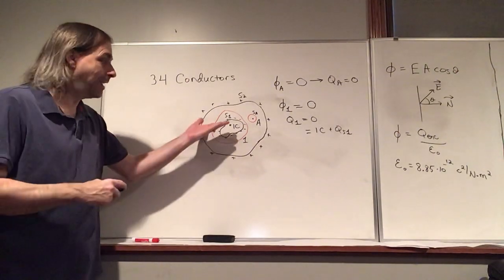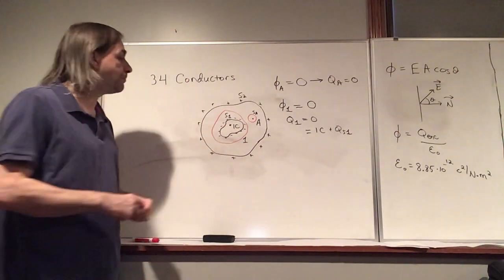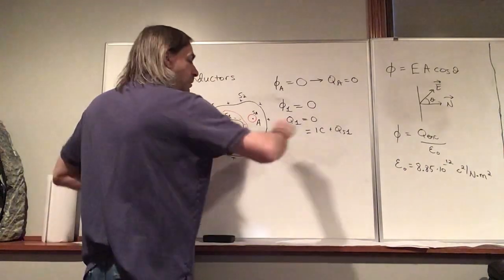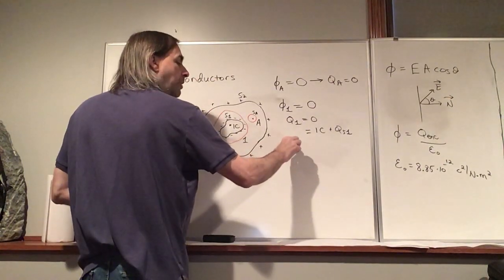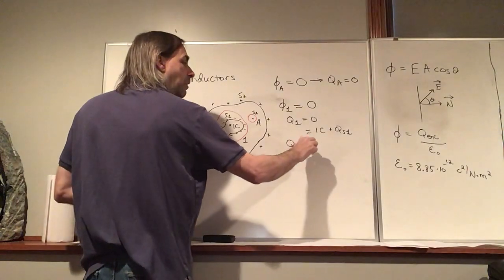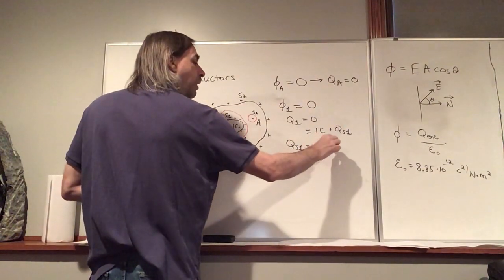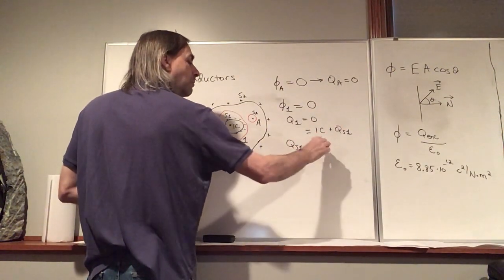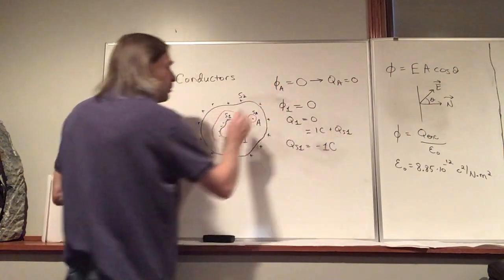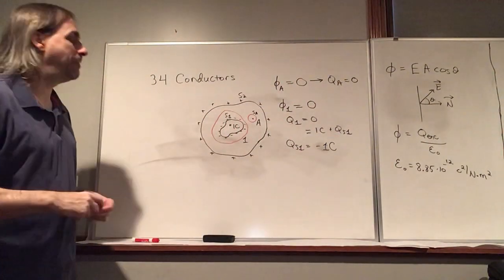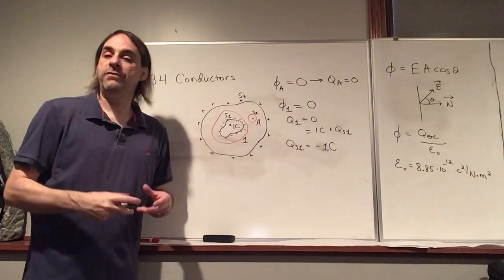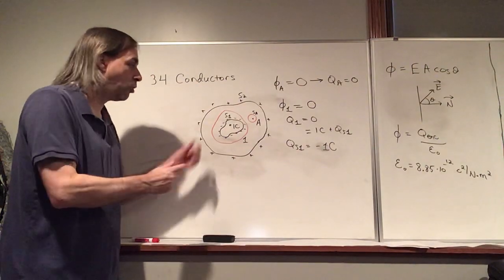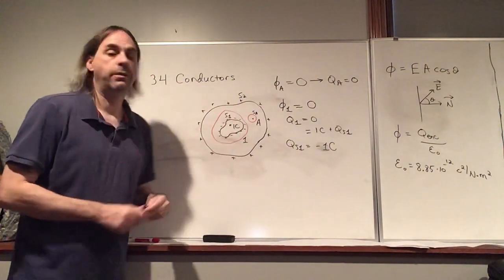So we're getting a negative charge, as expected. And so the charge on surface 1 would be negative 1 coulomb. So we put positive 1 coulomb inside the cavity, and we have negative 1 coulomb in total distributing around that surface.